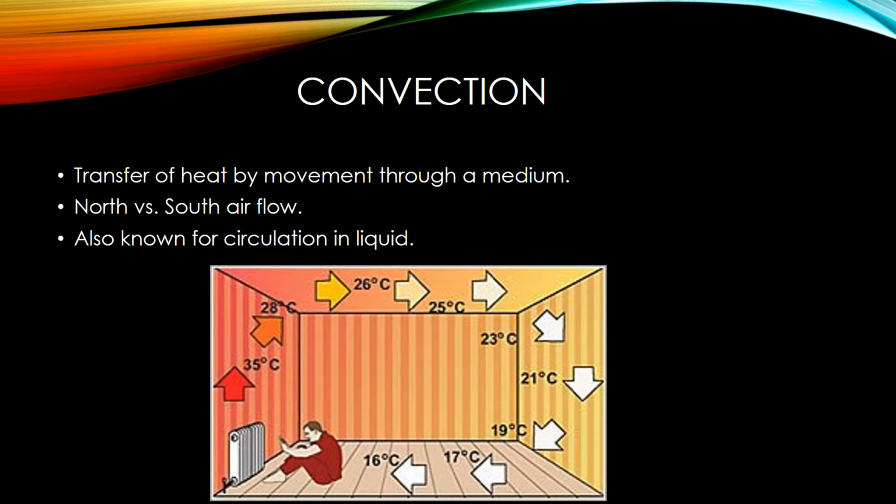Convection is also known for its ability of circulation in a liquid. When heating a pot of water over a flame, the heated water expands and becomes more buoyant. Cooler, more dense water near the surface descends and patterns of circulation will then be formed. I think a really cool example of this process is shown when heating cooking oil in a pot.